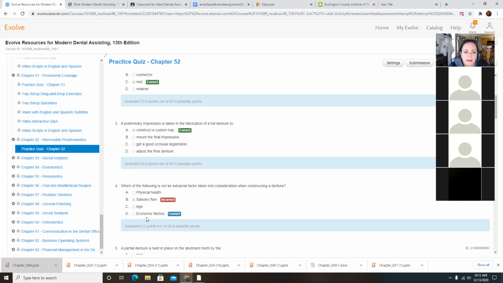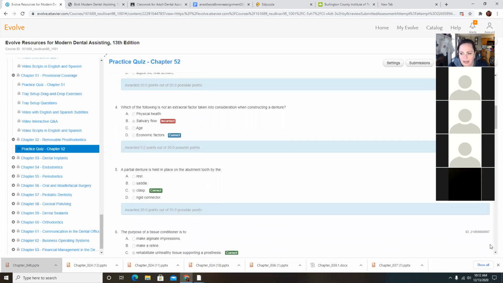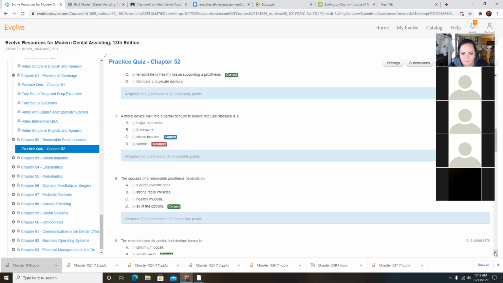It's not that economic factors don't matter when you're going over a treatment plan with a patient, but the question says when constructing a denture, okay? So we really need to delve into the actual question and make sure that we're reading the actual question. A metal device built into a partial to relieve occlusal stresses is a stress breaker.